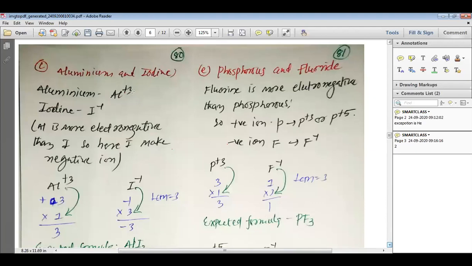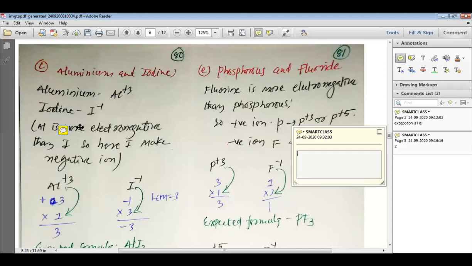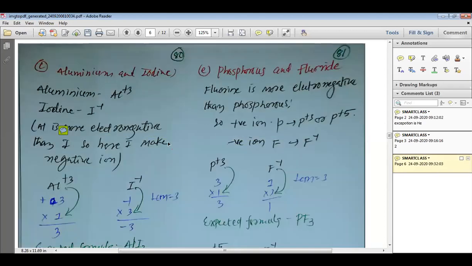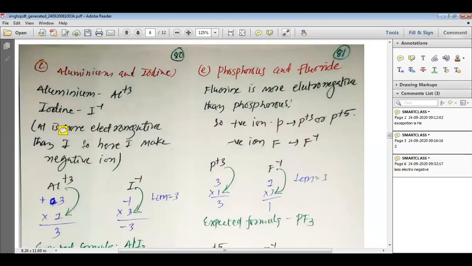In the same way, when we look at the next question, we are given aluminium and iodine. Aluminium always makes Al+3 ions, and iodine makes I-1. Now you may think, why doesn't iodine make the positive ion? Aluminium is less electronegative here in this case, less electronegative than iodine, and that is why iodine makes the negative ion.